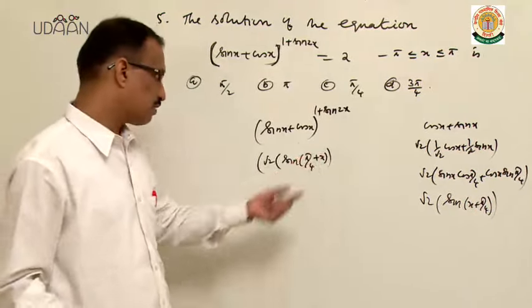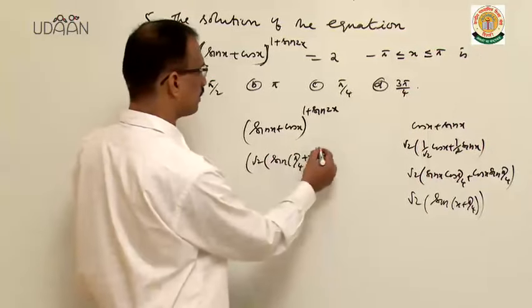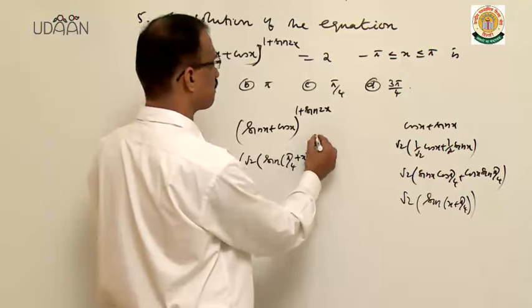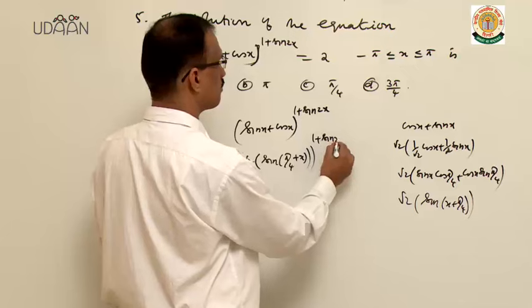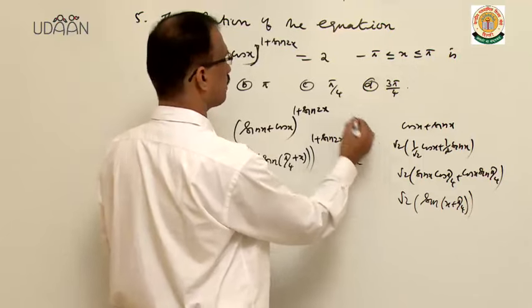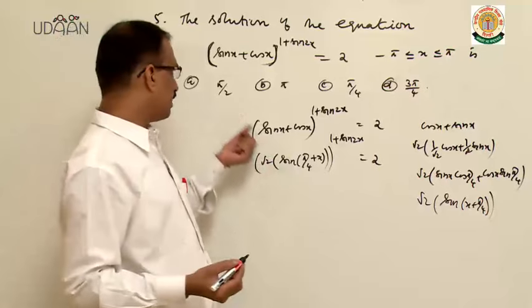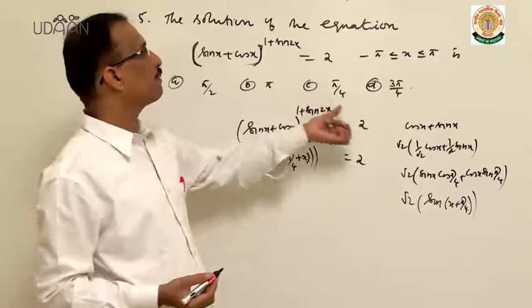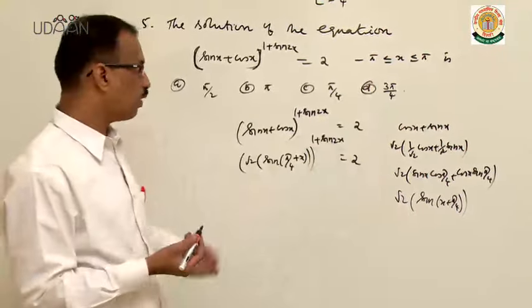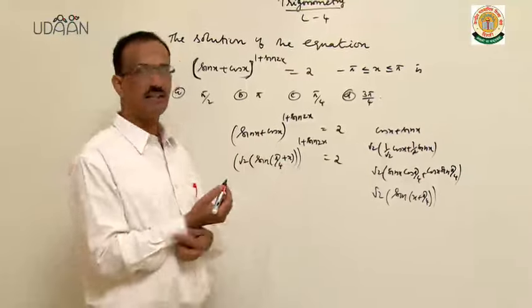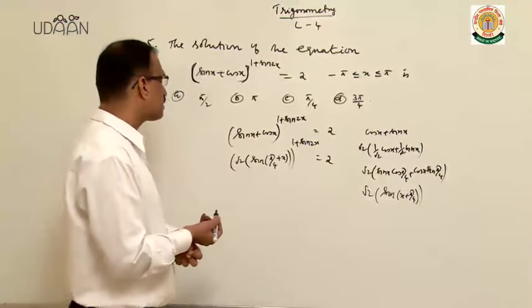This we get. So from there, this equals root 2 sin of pi by 4 plus x power 1 plus sin 2x equal to 2. Now we are given options pi by 2, pi by 4, 3 pi by 4. What value will fit for this? Let us see that.